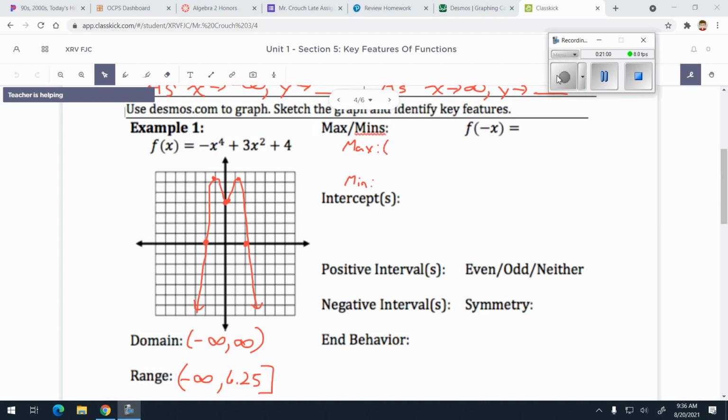So it was negative 1.225 comma 6.25. That's this left point over there. And then you have positive 1.225 comma 6.25. Okay, that's the two top points. My question to you, I told you I'm going to quiz you, right? Are they relative or absolute? They are absolute because that is the highest that graph actually goes.